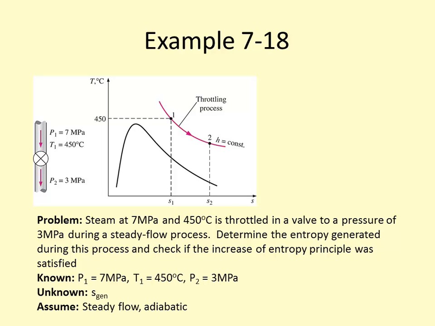It's not a constant entropy process for a throttling valve. They're not isentropic. They're isenthalpic. So H2 is 3288.3 kilojoules per kilogram. And S2 is 7.00455 kilojoules per kilogram Kelvin.